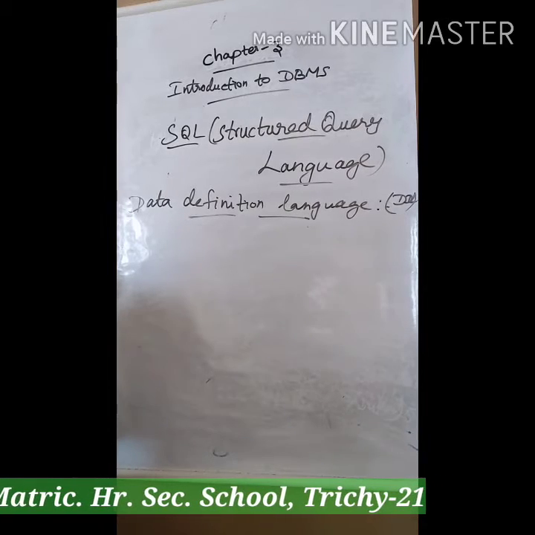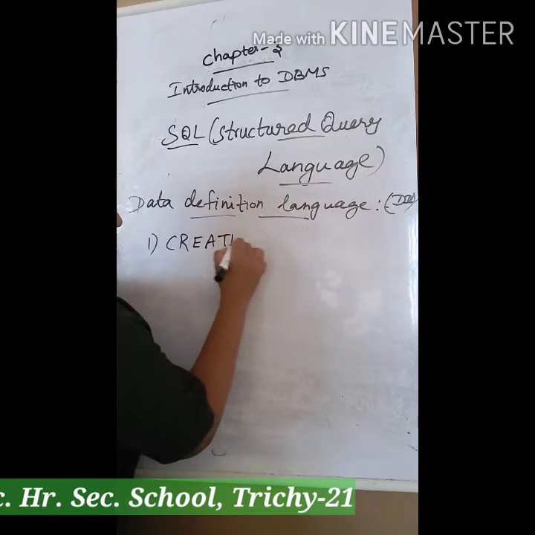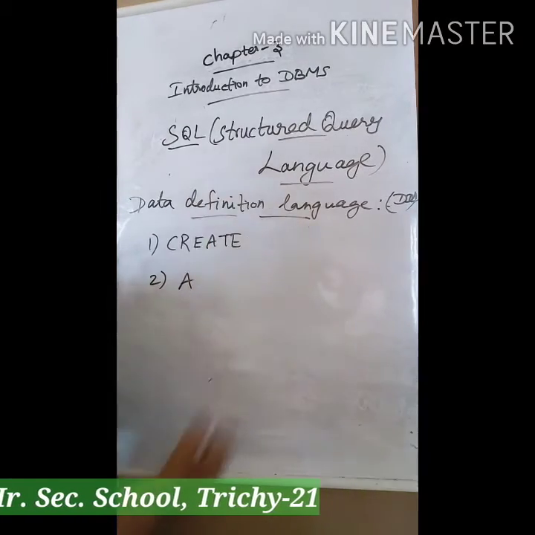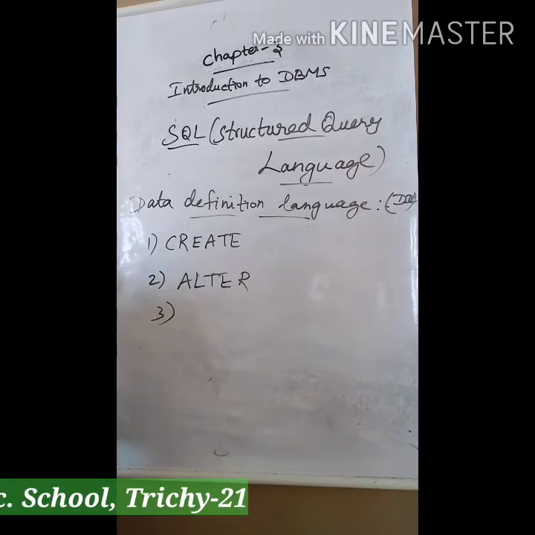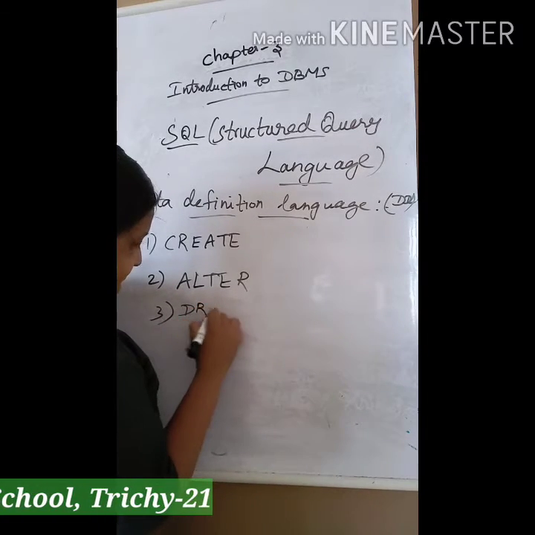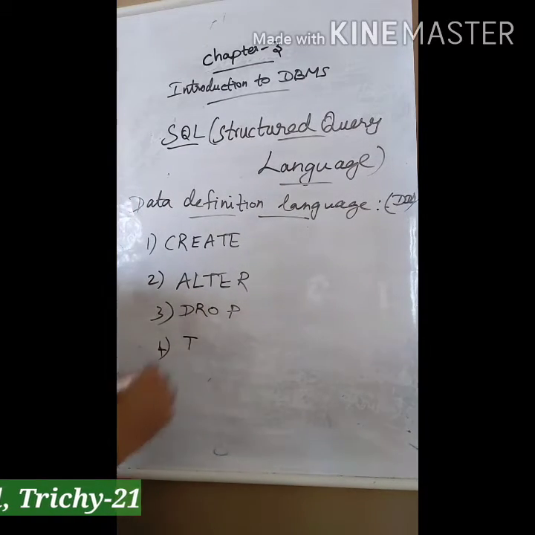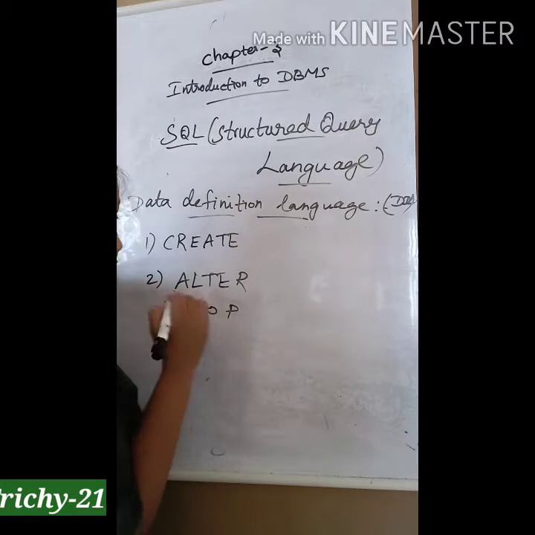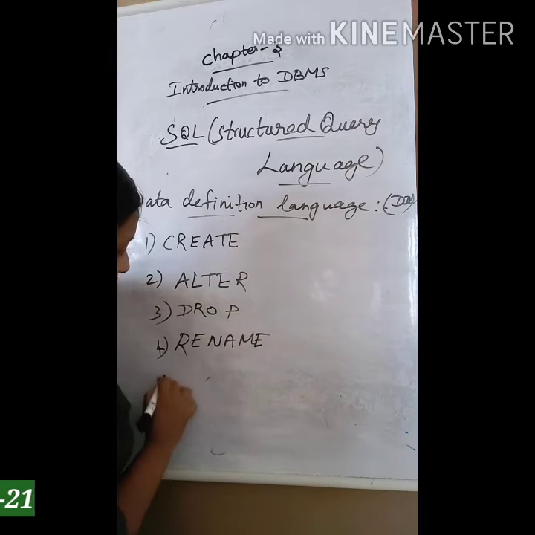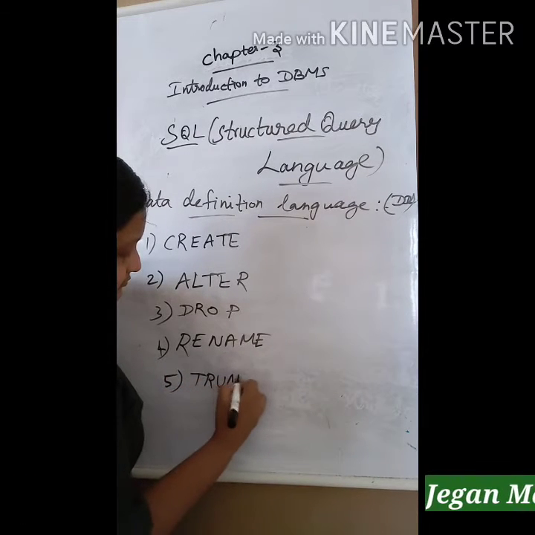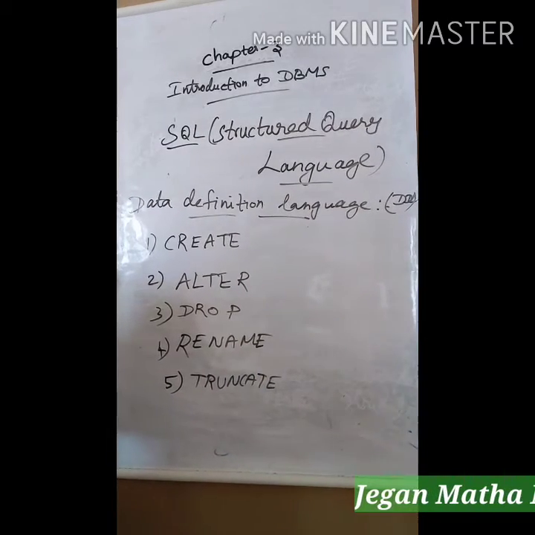Here we use 5 commands: the first one is create, the second one is alter, the third one is drop, the fourth one is rename, and the last one is truncate.